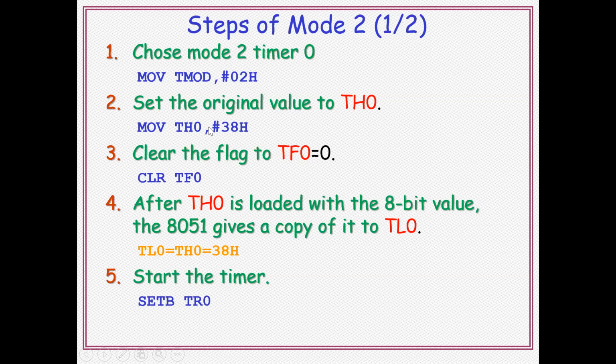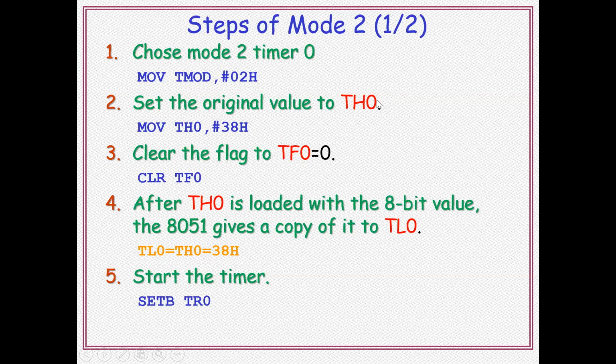Next, set the initial value in TH0. We already discussed that TL0 is for counting, and TH0 holds the initialization value, which supports auto reload. For every iteration, whatever content is in TH0 is automatically copied into TL0.